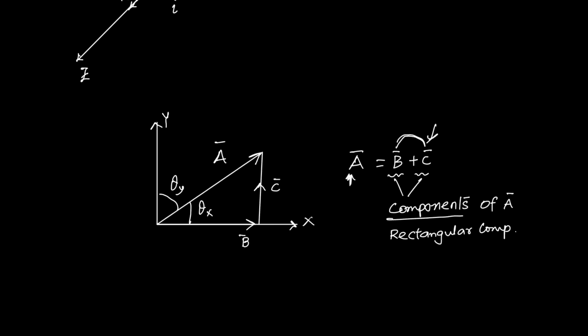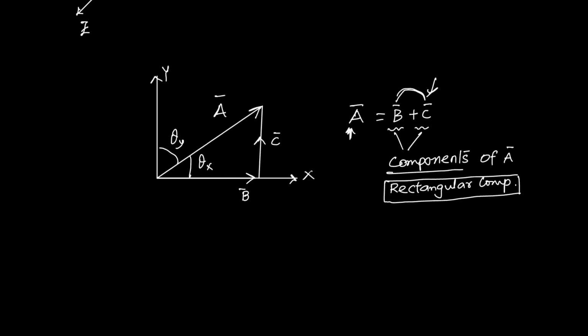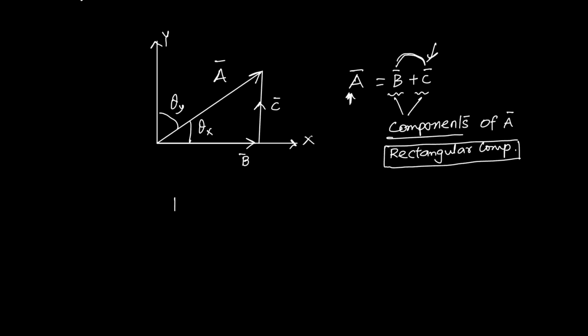Rectangular components means perpendicular components. Okay. So how to write B vector? Mod of B into B cap. And what is B cap? B cap is a unit vector in the direction x, and that is i cap.